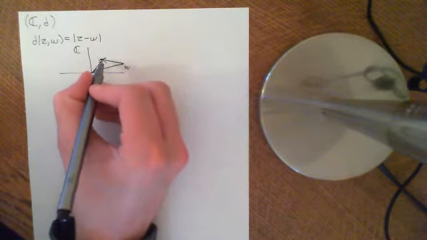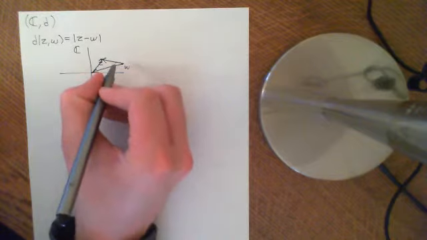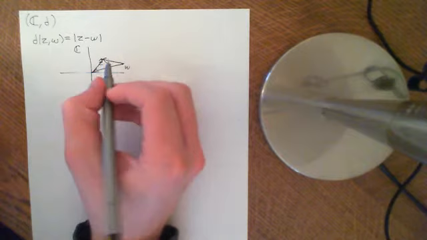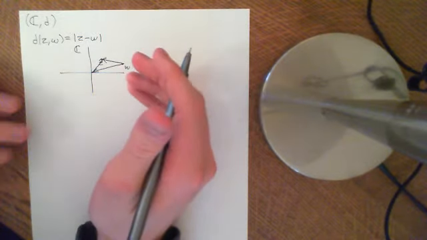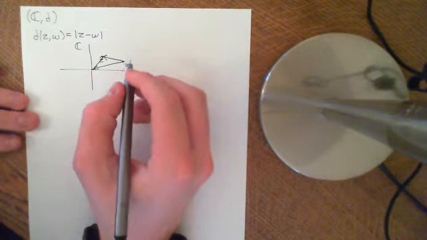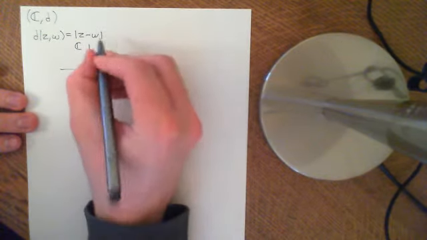When you take the modulus of that complex number, you get the length of that line, in the normal Euclidean sense of the length between two points, i.e. if you measure it with a ruler. So that's the metric we're going to define.